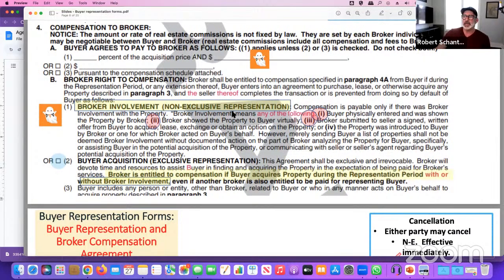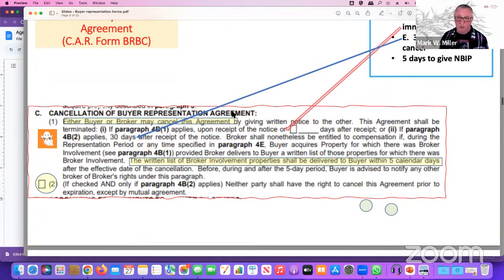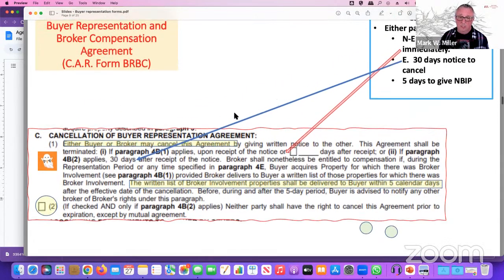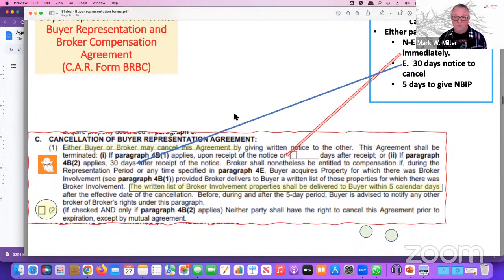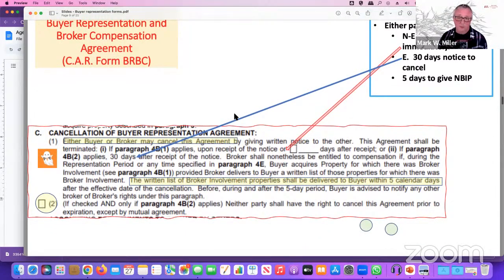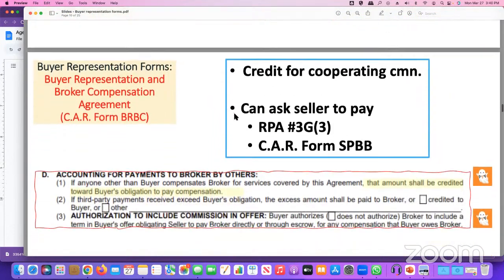And we're going to get to that list, that form that Mark's talking about, soon. And if the buyer did purchase one of those properties after the agreement expired, with another agent, or made a deal with the seller directly, you would still be eligible for compensation, as long as you followed that procedure of delivering that list of properties to the buyer once they canceled on you. Okay. Thank you.